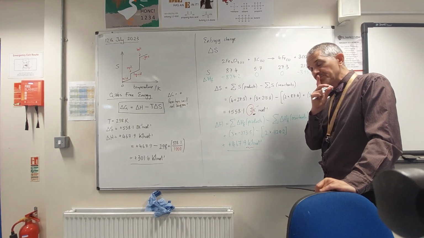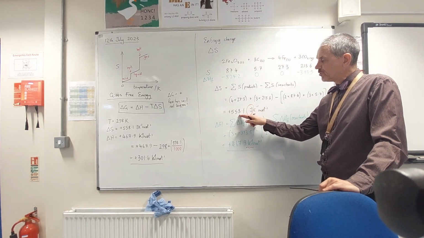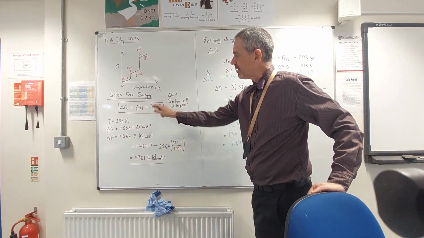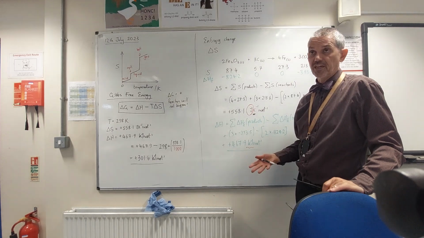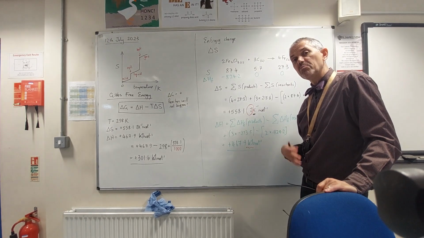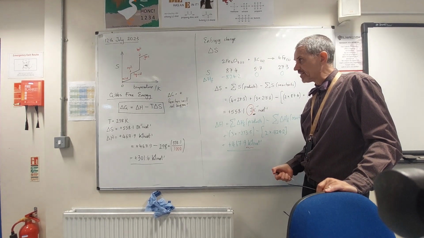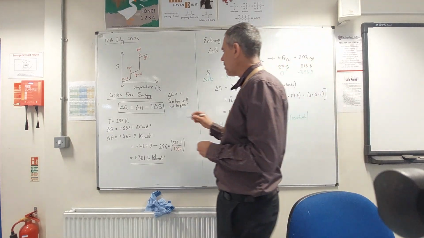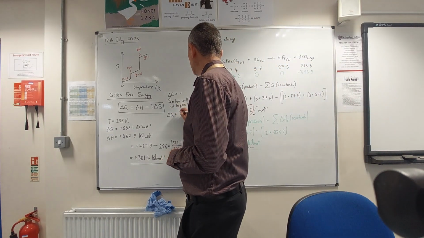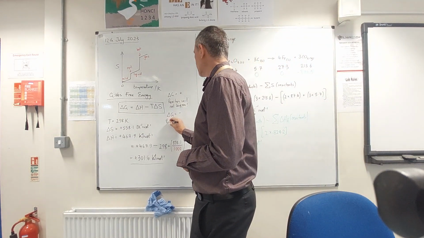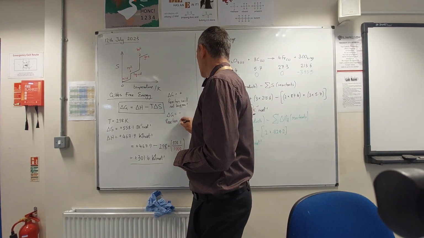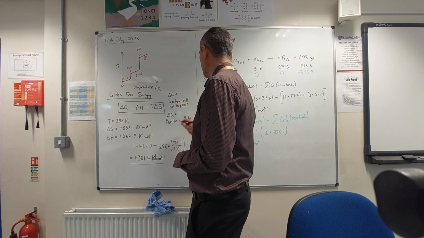But remember, entropy is affected by temperature. So the reaction might not go at 298 Kelvin, but it might go at a higher temperature. So what we want for a reaction that goes is delta G to be negative. So that means the reaction can happen.